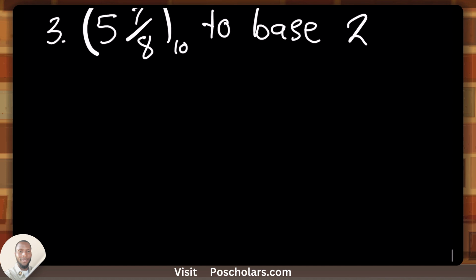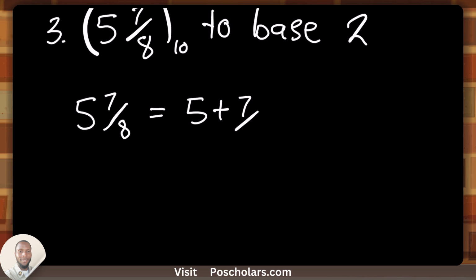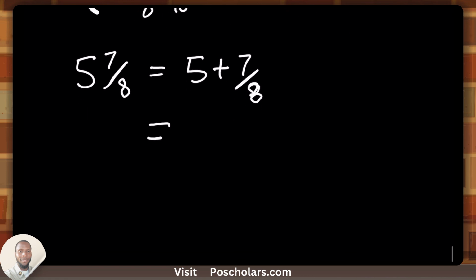Now looking at this, 5 whole number 7 over 8, take note, it's called a mixed fraction. You know, we have three kinds of fraction: mixed fraction, proper fraction, improper fraction. So this is a mixed fraction, which combines the whole number and the fraction. So we need to do this very well.